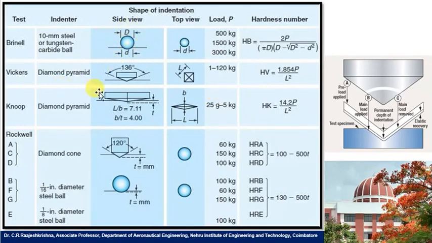In the Vickers test, you have the diamond pyramid type indenter with a diamond angle of 136 degrees. Similarly, the Knoop hardness test has a diamond pyramid indenter, and the Rockwell hardness test has an indenter in the shape of a diamond cone, with an angle of 120 degrees.